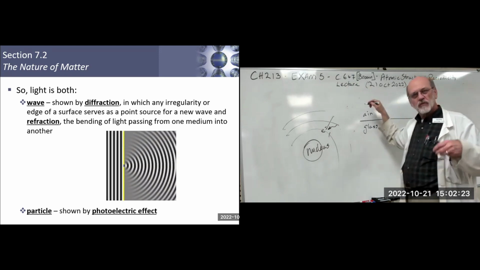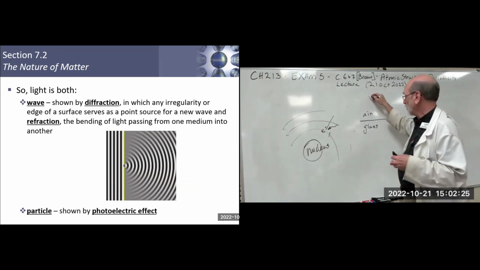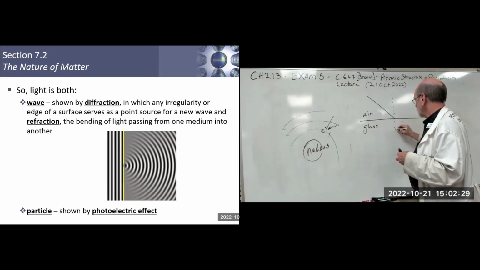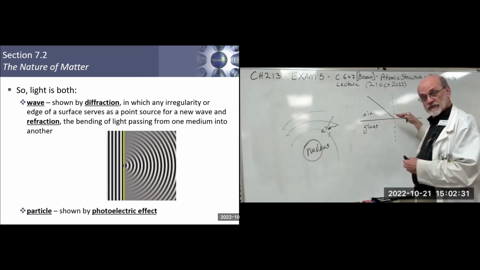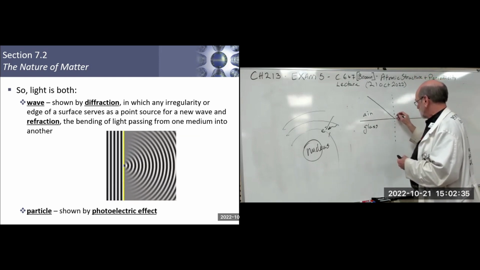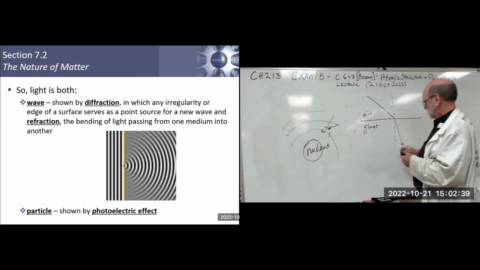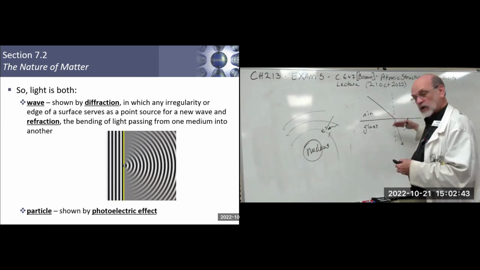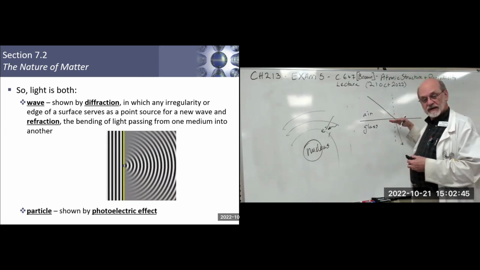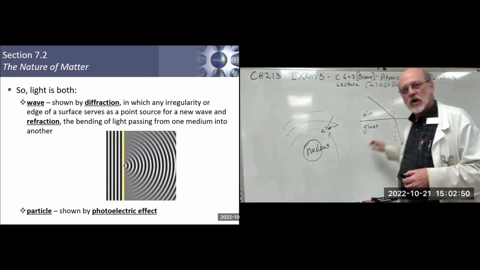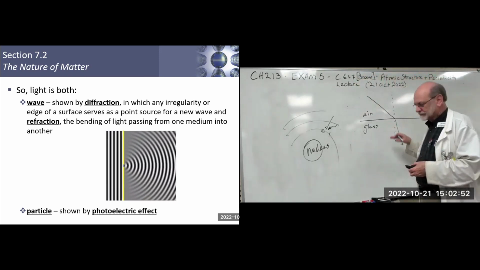And if we use a ray diagram, we call them a ray diagram for light, and here's the vertical, the normal to that surface, what happens is the light beam bends, right, toward the more opaque. There's a term for it. It's the one with a larger index of refraction.